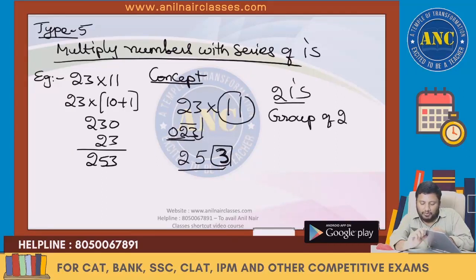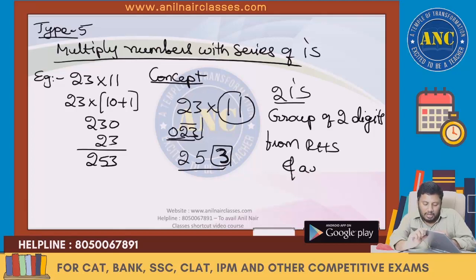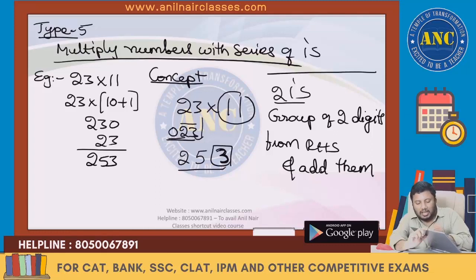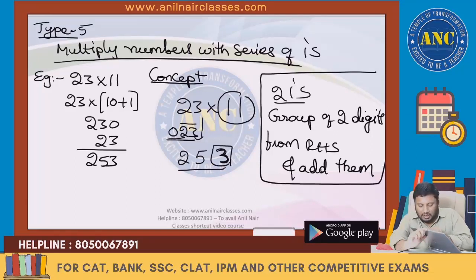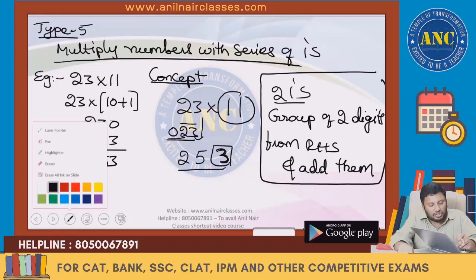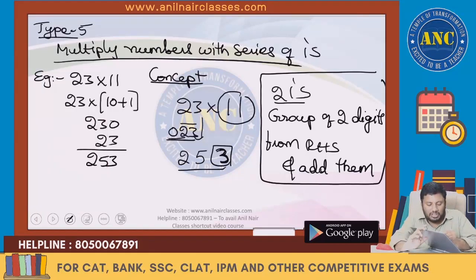Because there are 2 ones, take a group of 2 digits from the right hand side and add them.